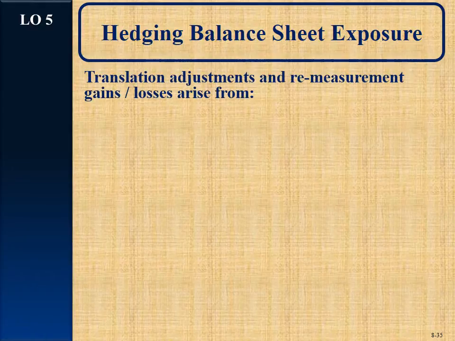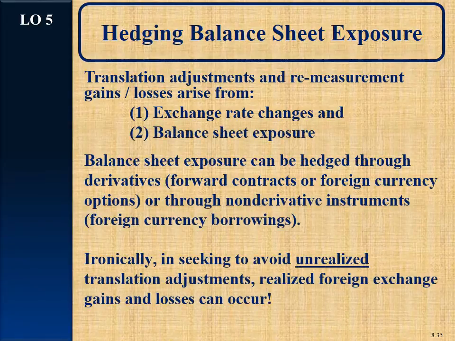Translation adjustments and remeasurement gains and losses arise from, and we know this, exchange rate changes and balance sheet exposure. Balance sheet exposure can be hedged through derivatives, just like we saw in the past chapter, either in forward contracts or foreign currency options, or through non-derivative instruments, foreign currency borrowings. Ironically, in seeking to avoid unrealized translation adjustments, realized foreign exchange gains and losses can occur.